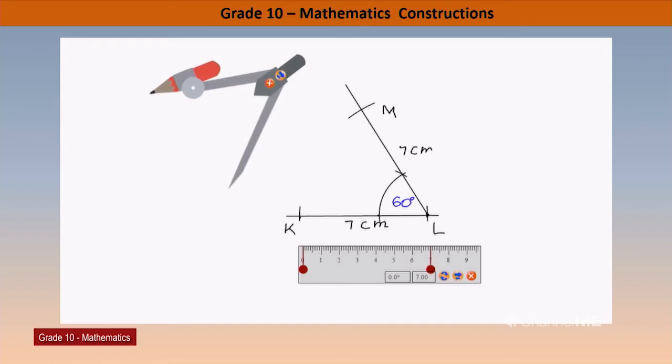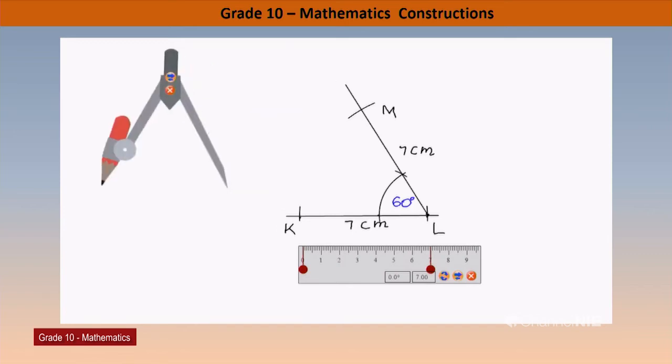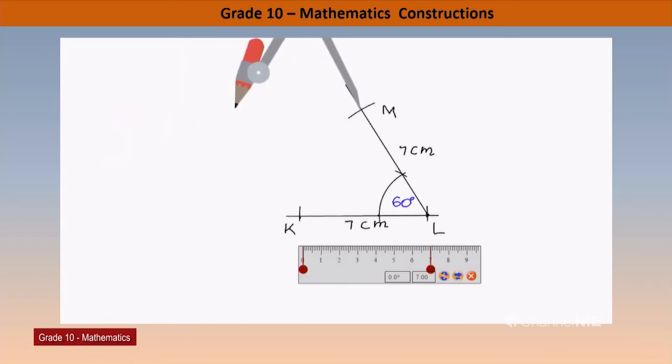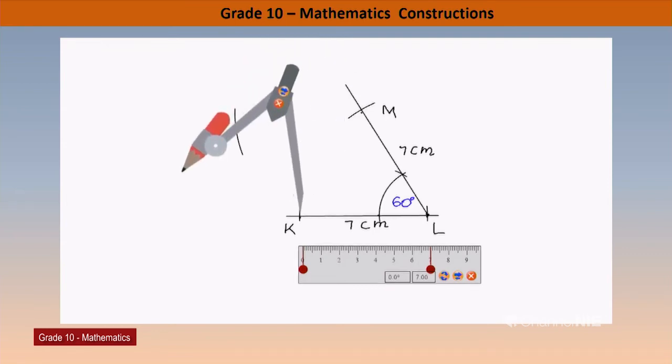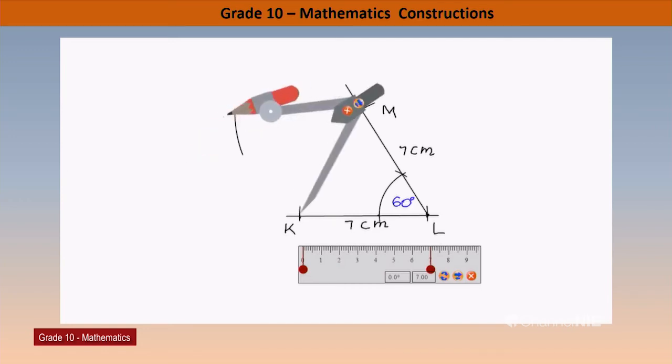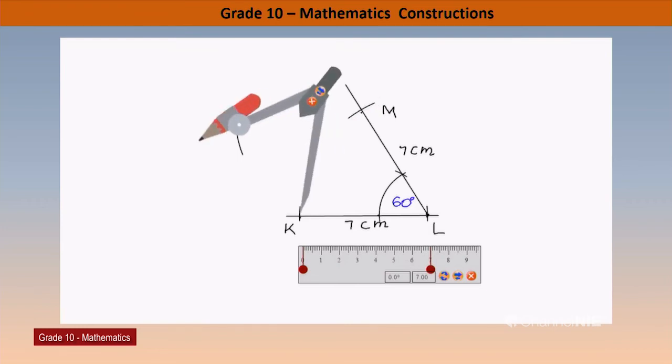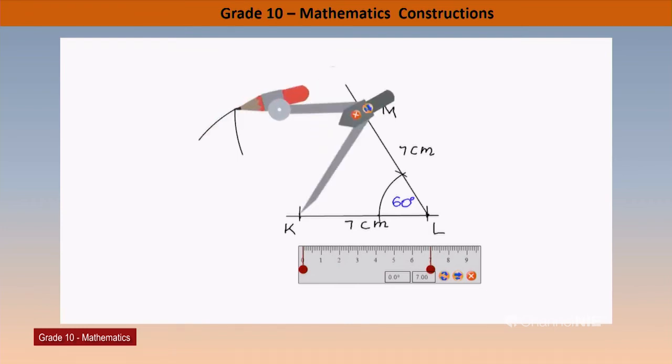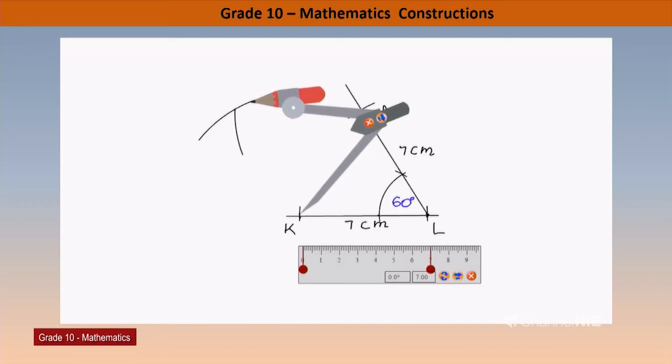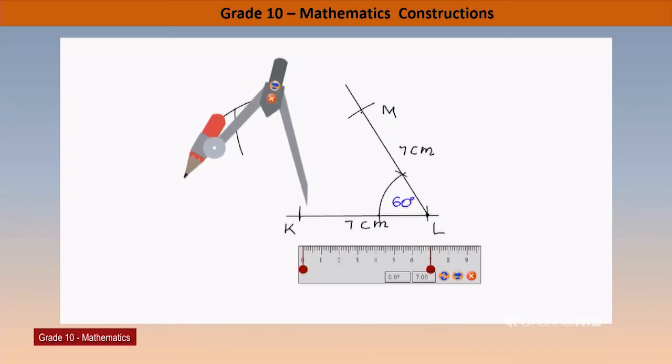KLM, we already found 3 points. We have to find point N. So, K to N also 7 centimeter, M to N also 7 centimeter. Let us construct an arc from M with radius 7 centimeter. Next, construct an arc, take the center as K, draw an arc. So, to get a point, we need to intersect 2 arcs this time.